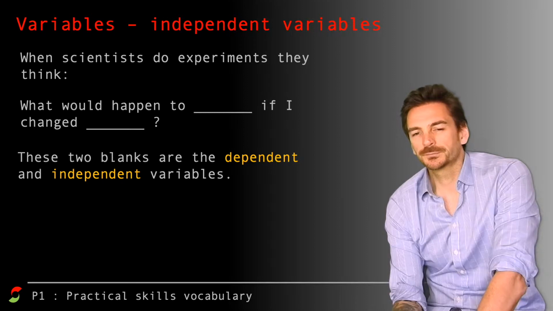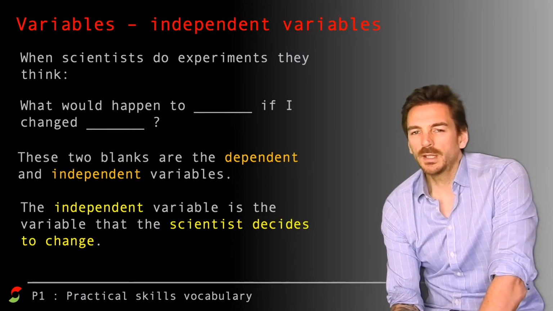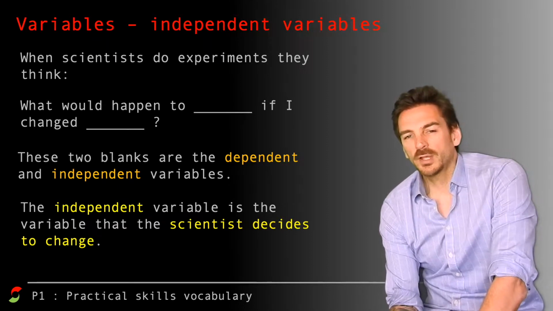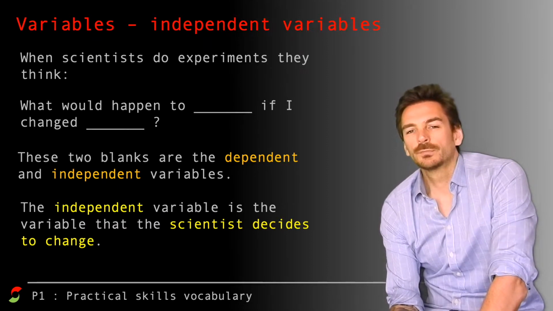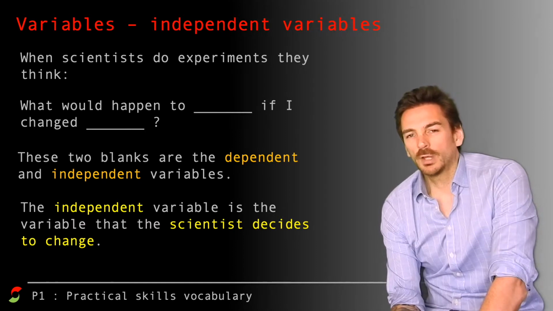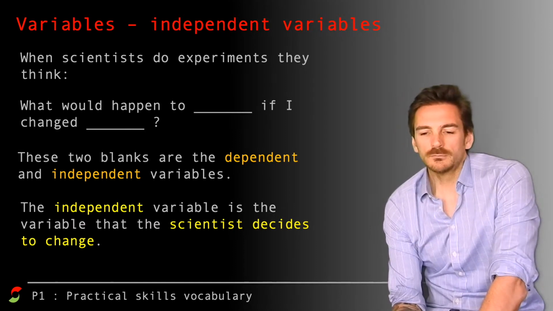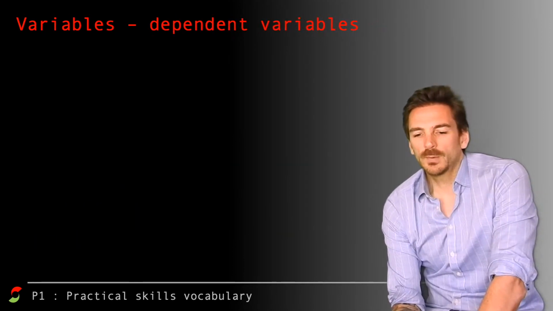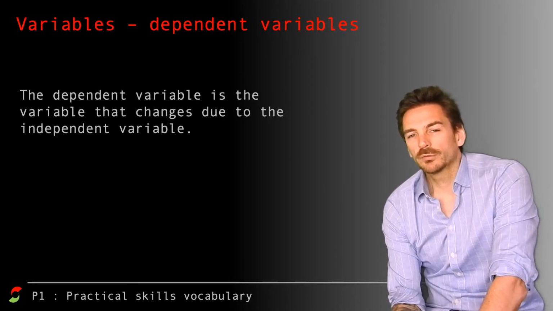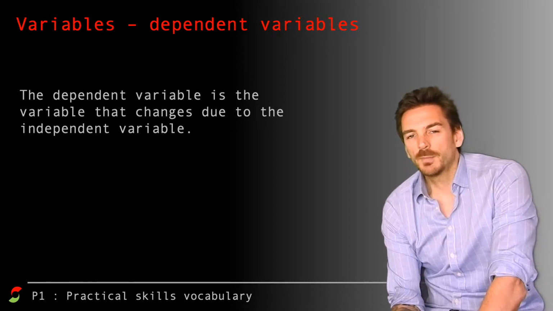Independent variables are the ones that the scientists choose to change. That's very, very important to realise. That's the one that they are going to enforce a change on and monitor. Dependent variables are affected by the independent variables.